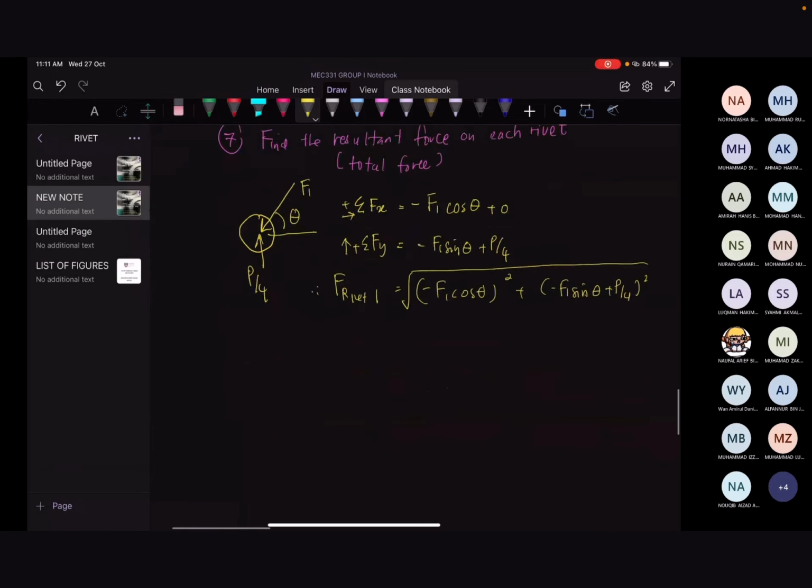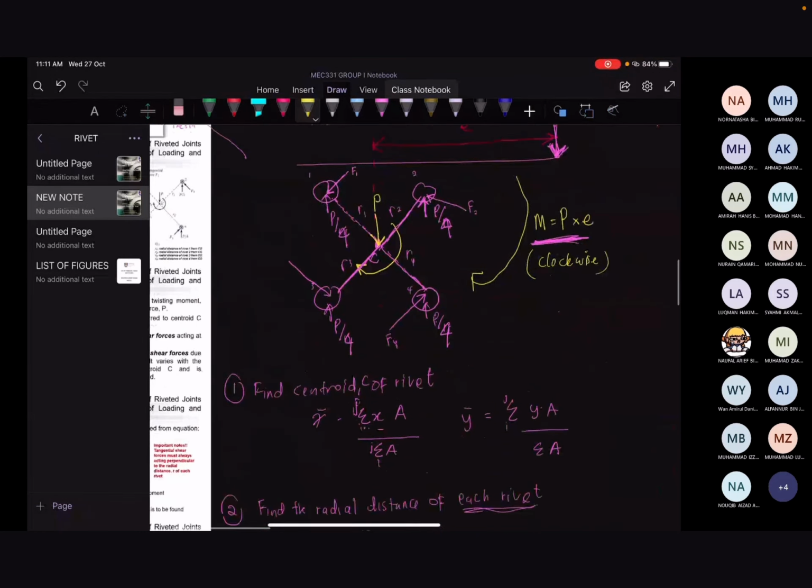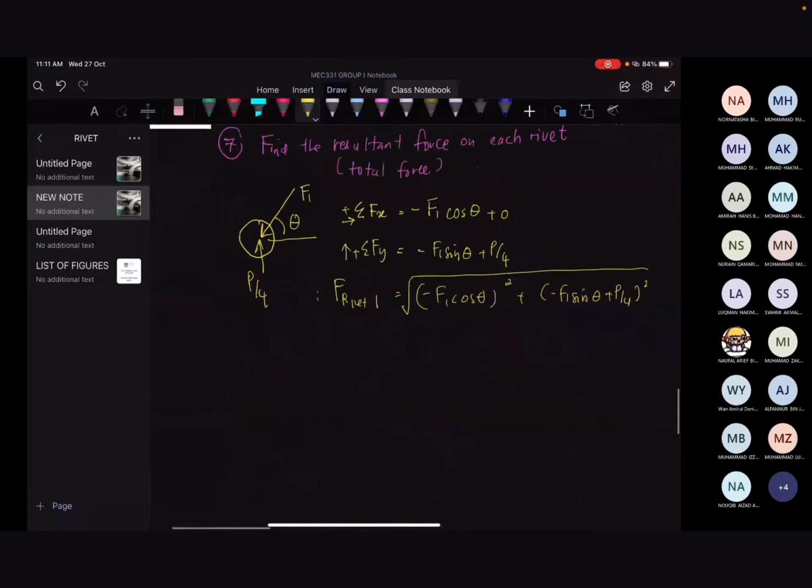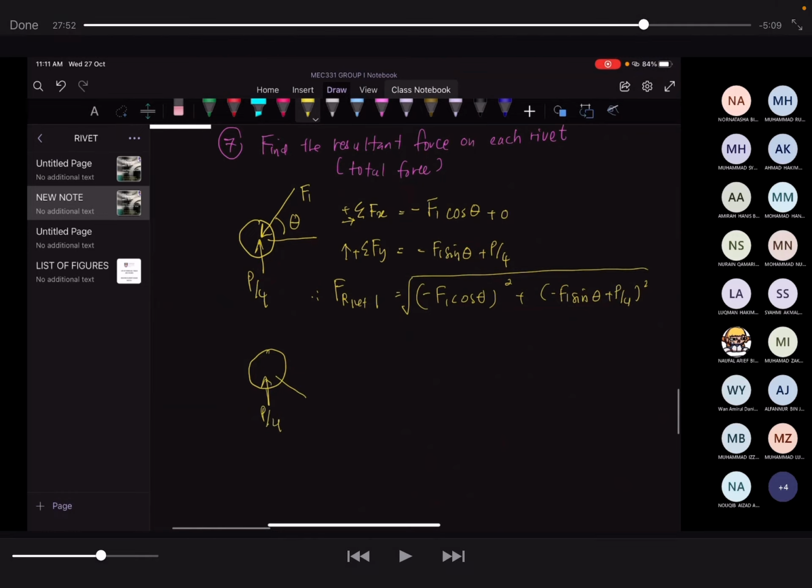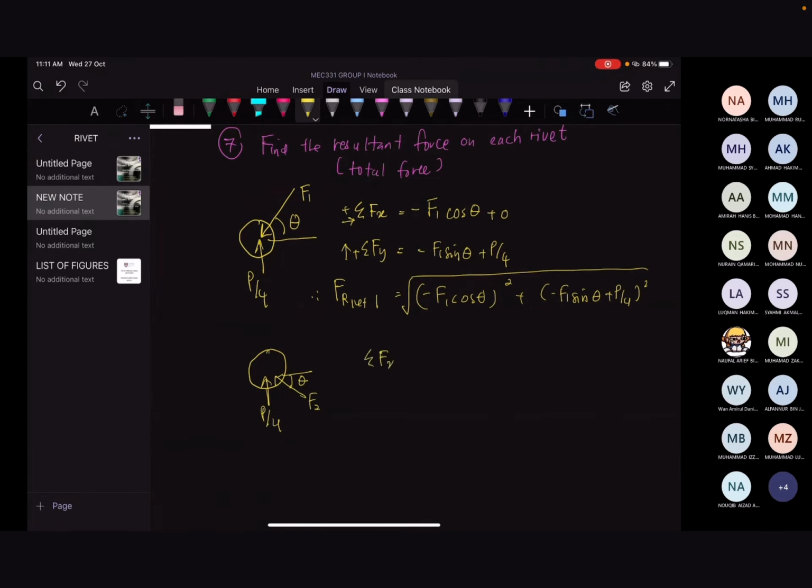Okay, so the same goes for the second rivet. For the second rivet, we have P over 4 and F2, with some angle. So similarly, we need to find Fx and Fy. Don't memorize this, just do it like you usually do in statics. Fx is negative F2 cos theta plus 0, and Fy is P over 4 plus F2 sin theta.